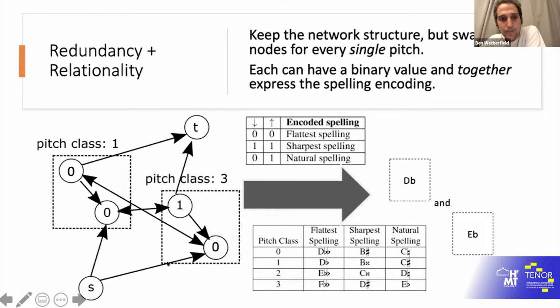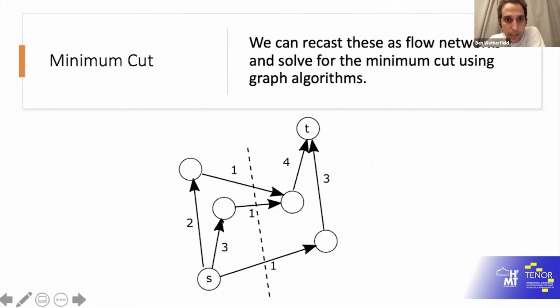Here I'm showing the lower pitch on the right-hand side is pitch class 3, in its natural spelling form, which takes it to E flat. And pitch class 1 is in its flattest form, which takes it to D flat, which is a nice dyad in terms of the spelling.